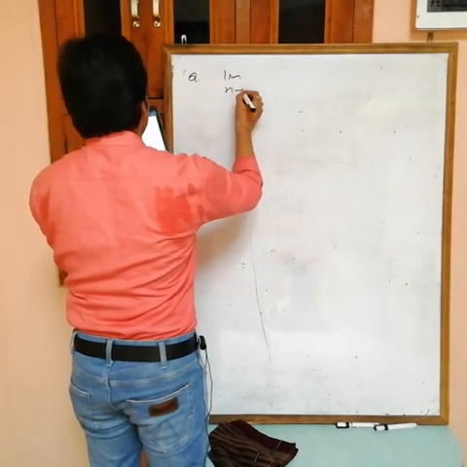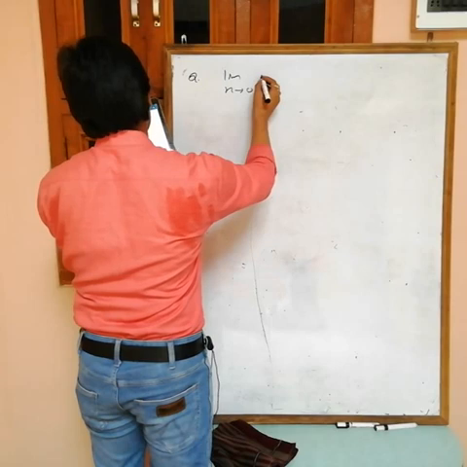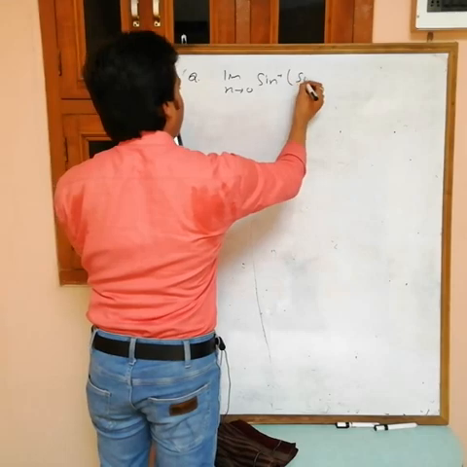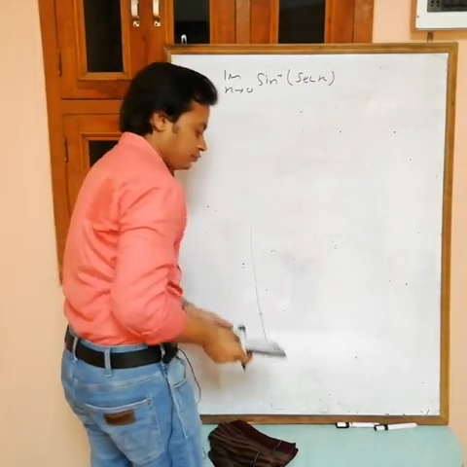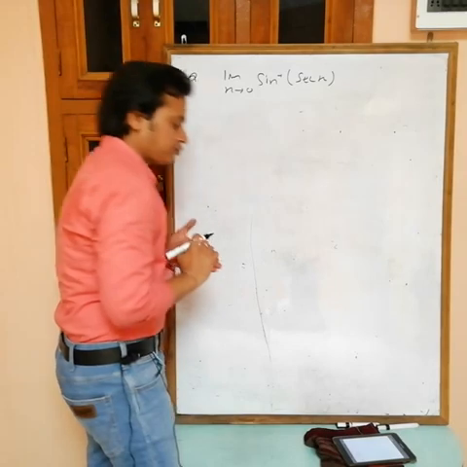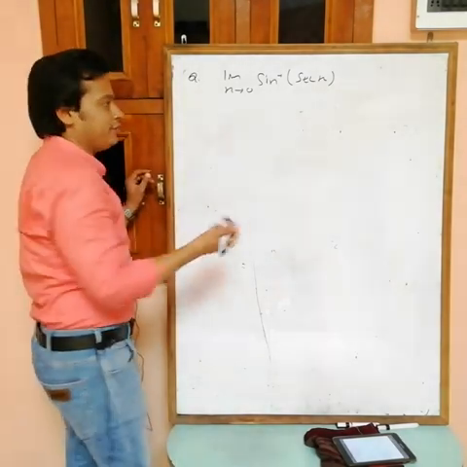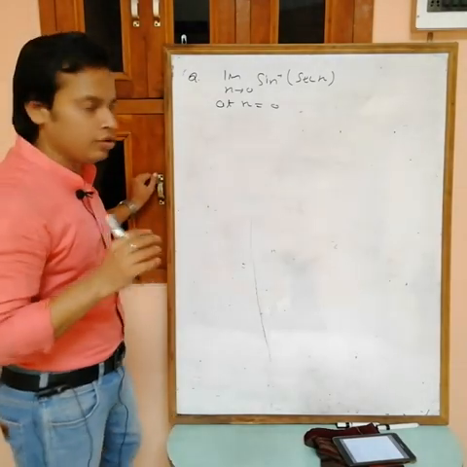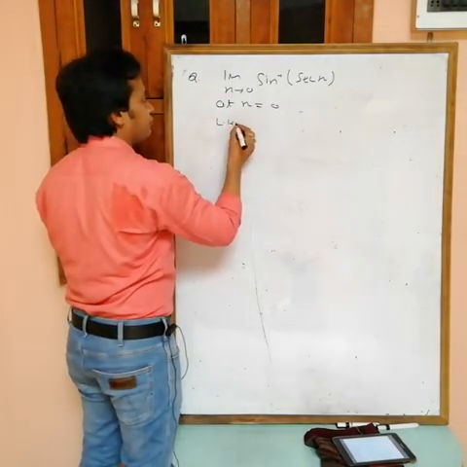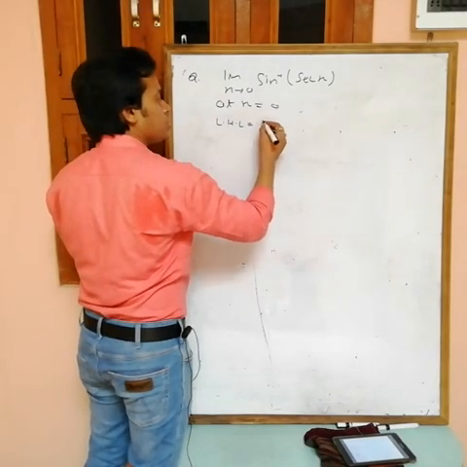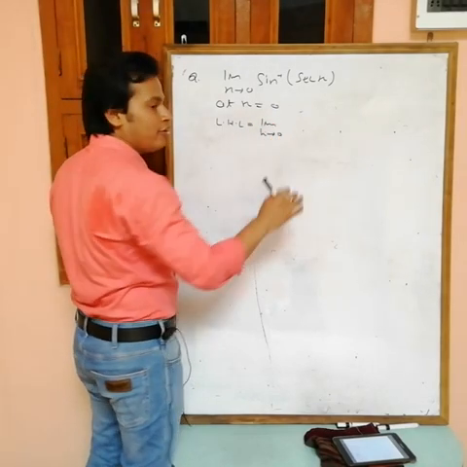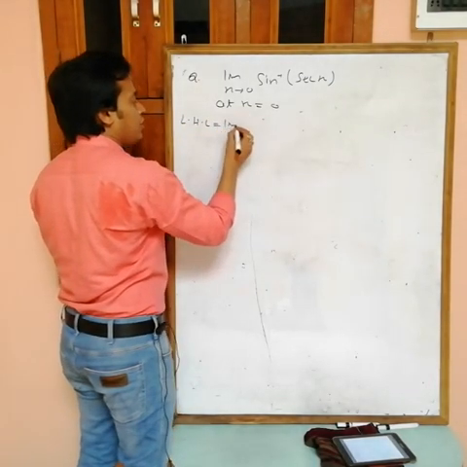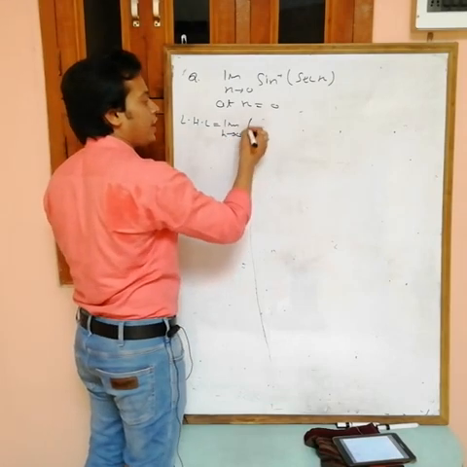Write, limit x tending to 0, sine inverse of sec x. Now again same thing, at x equals 0, I am finding LHL and RHL. LHL is limit h tending to 0, value of the function at a minus h.